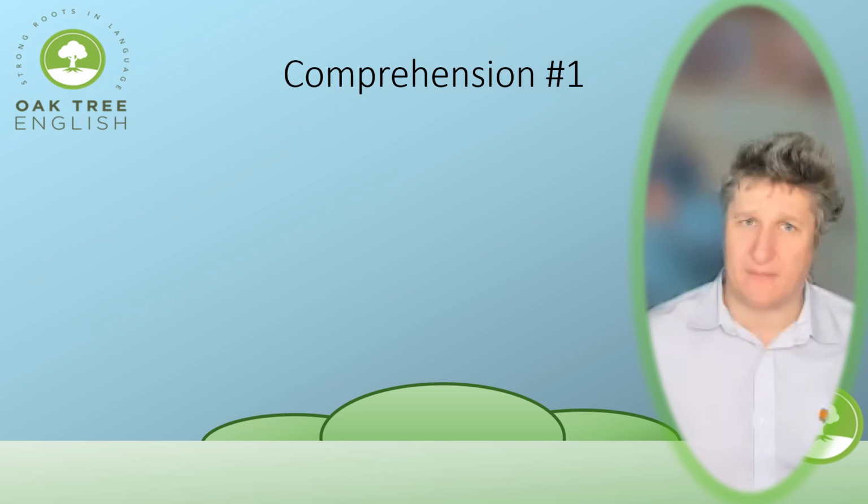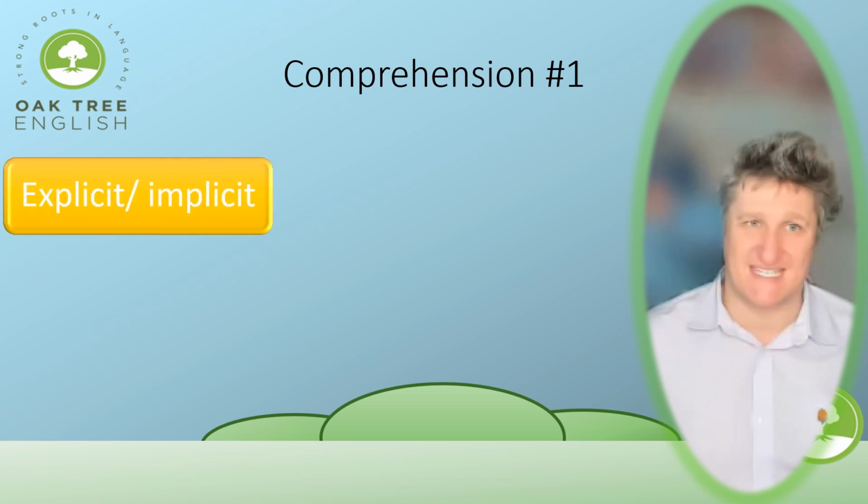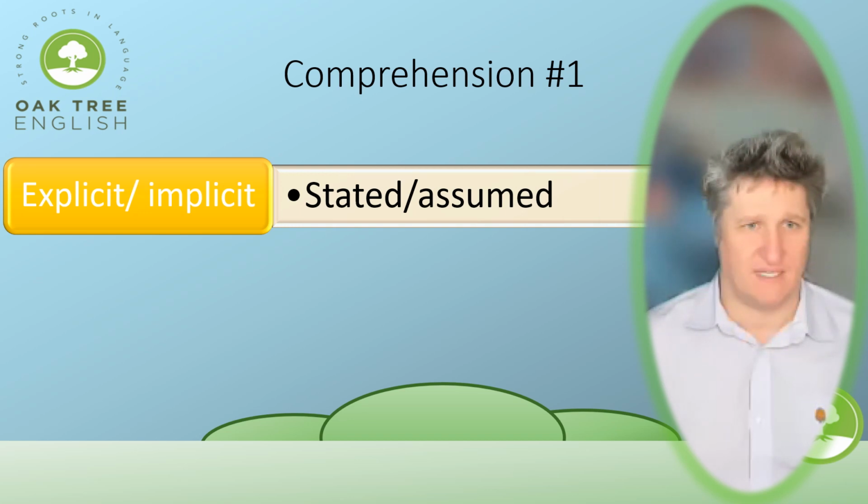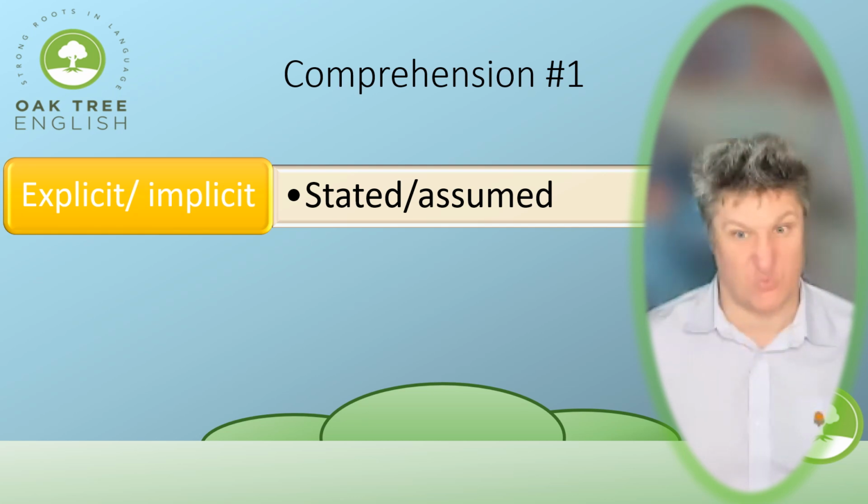First, you should be able to identify both explicit and implicit meaning. Explicit is where something is directly stated, such as Bertha preferred dogs. Implicit meaning is the meaning you gather without it being stated. So the assumptions. So you can assume that cats were not Bertha's favourite animals, because dogs were, you see.